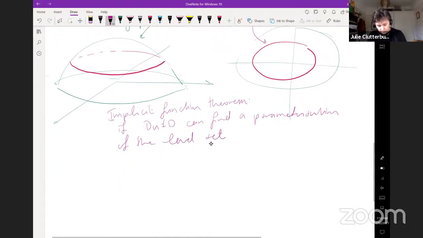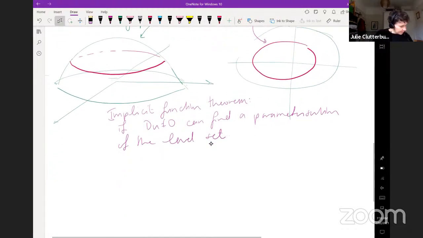And what I'm going to do is write the parameterization of the level set as some curve gamma. So we're going to write this as gamma of x, and this will be from a little interval in R to R2.